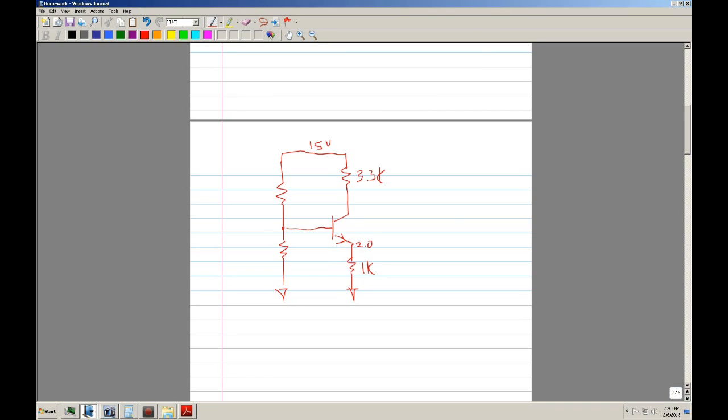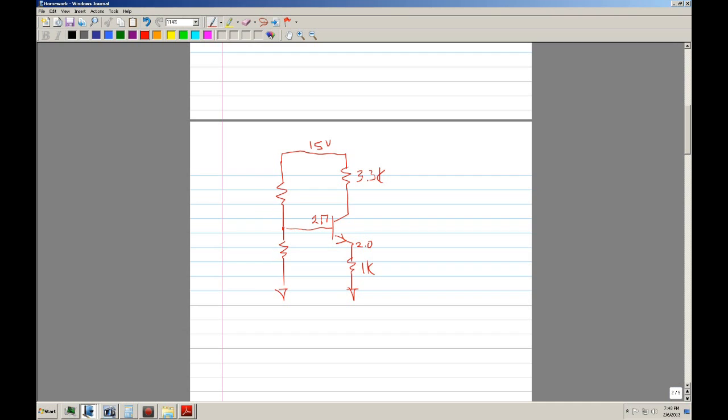Even if it's not within a transistor, in general with all diodes, in order to turn on, it has to be 0.7. So that means this is going to be 2.7.